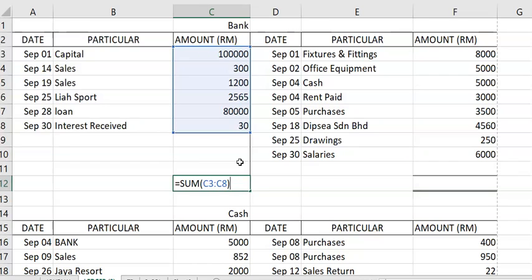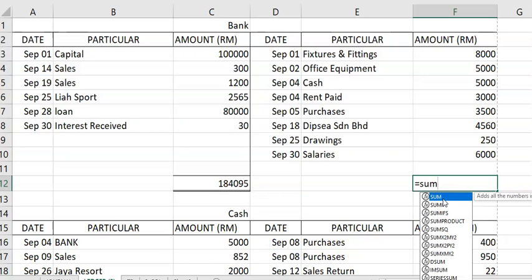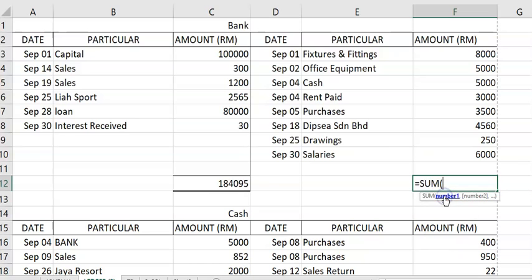Once you calculate, you will have the amount on the debit side, that is 184,095 ringgit. And then you need to calculate the total of the credit side. I use Excel, so much easier.